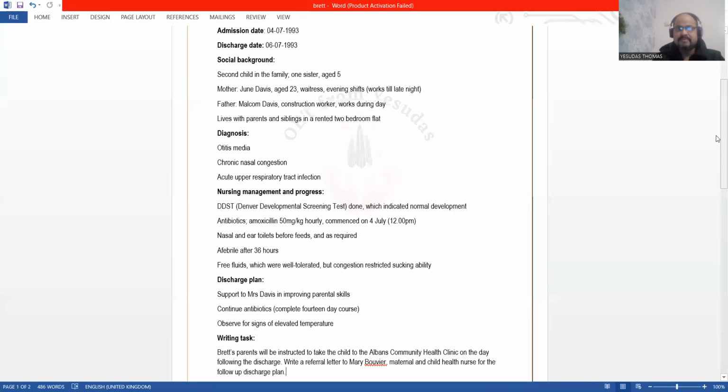Because the social background is poor, in the sense that both of the parents are working, and the mother is working in the evening shifts till late night. She's working as a waitress, and she is not available at home till late night. That is something which raises a concern.